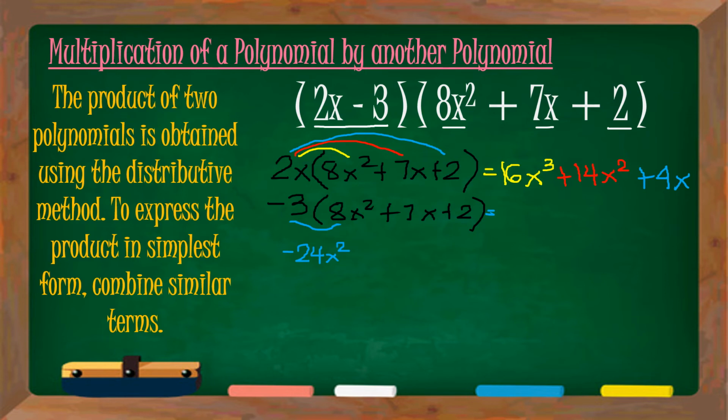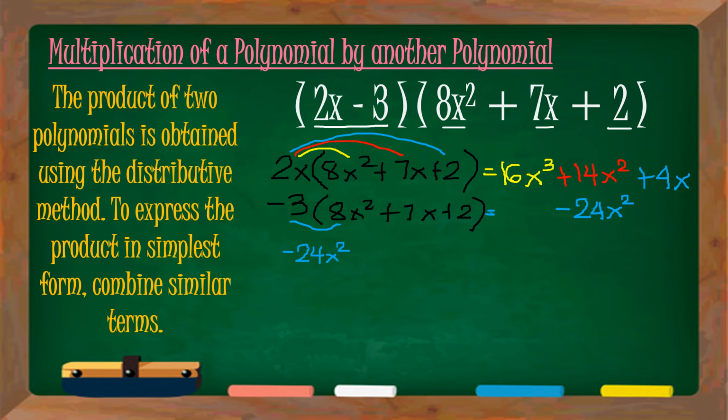Of course, ang merong x squared ay si 14. So, yung negative 24, isusulat natin siya sa ilalim ni 14x squared. So, we have negative 24x squared. Okay? So, pinagtapat natin yung similar terms. Okay? They are similar kasi meron silang same variable and same exponent of the variable.